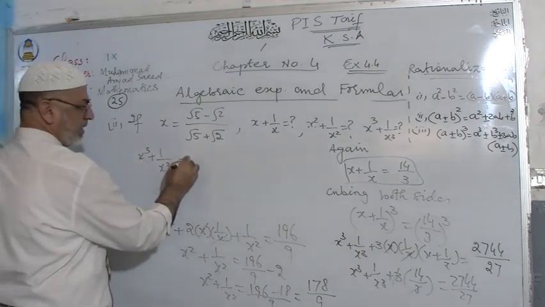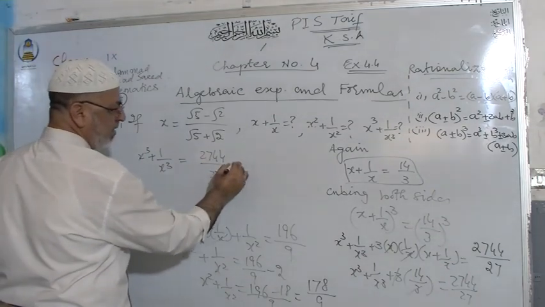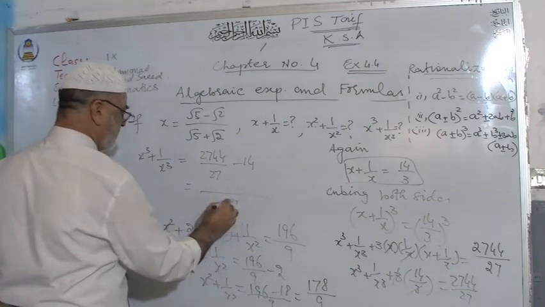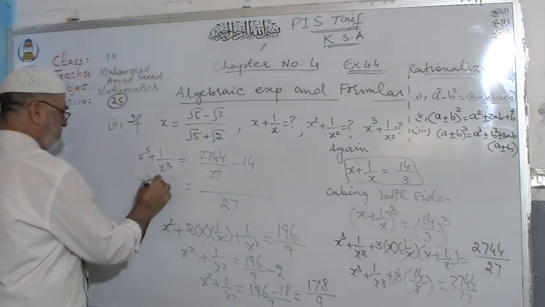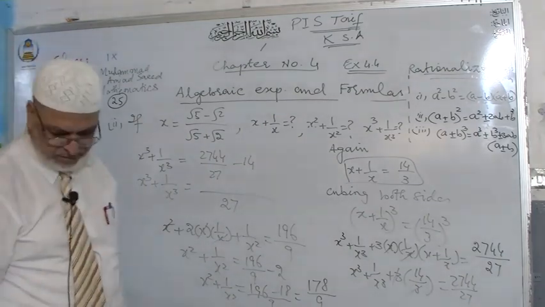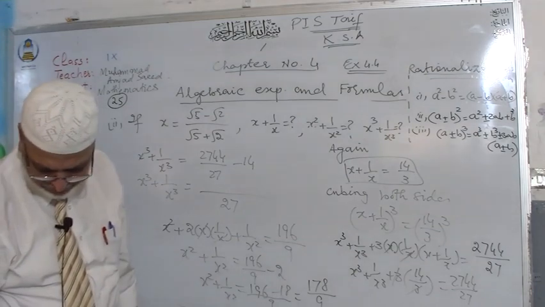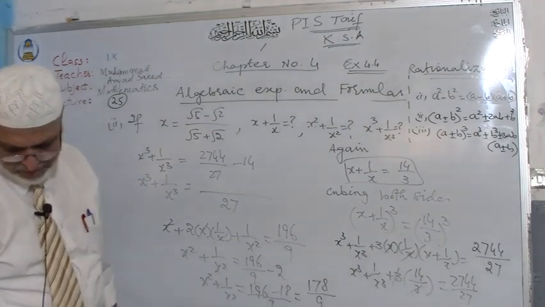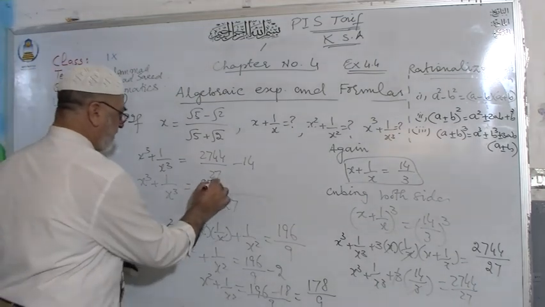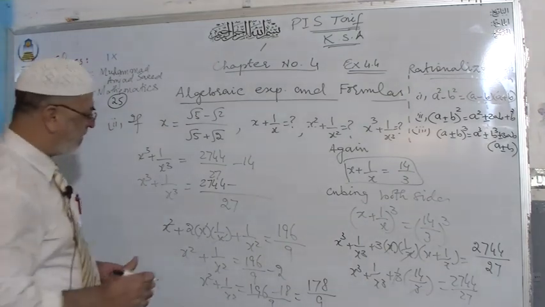x cube plus 1 over x cube is 2744 over 27 minus 14. Here is x cube plus 1 over x cube. Here we have 2744 minus 378.